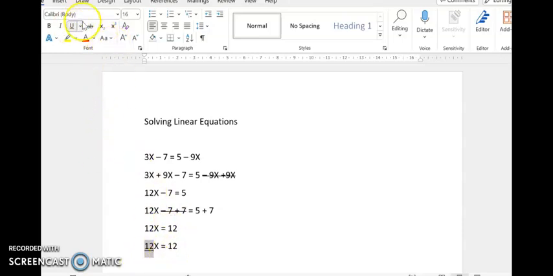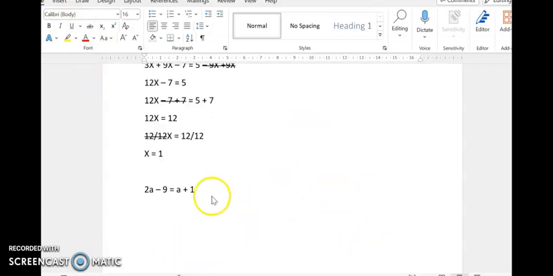Actually, I think the easiest way to do it is just divide by 12. 12x divided by 12 gives me x equals 12 divided by 12, which is 1. Because again, 12 divided by 12 for the 12x, cross that out, and that leaves x on that side. Okay? All right, so let's try another one.